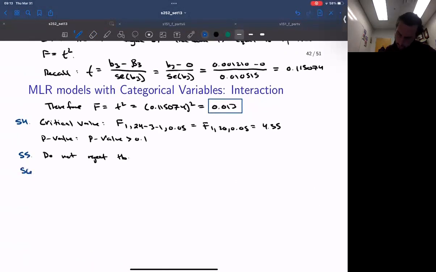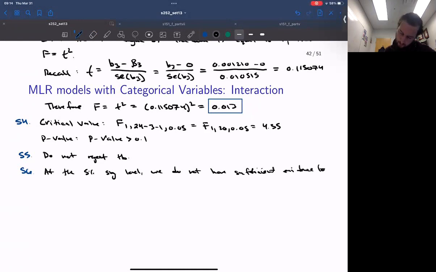And then on step 6, we can just say at the 5% sig level, we do not have sufficient evidence to suggest that the full model is required.